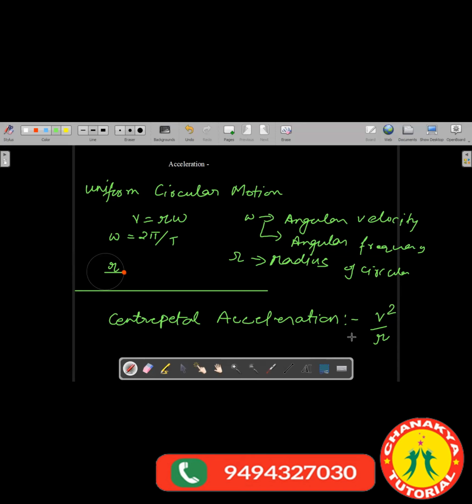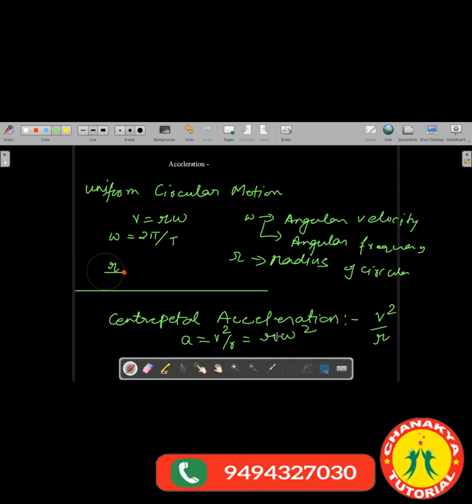So centripetal acceleration is given by a equals v squared by r, which is also equal to r omega squared. Here the centripetal acceleration is obtained by this formula.